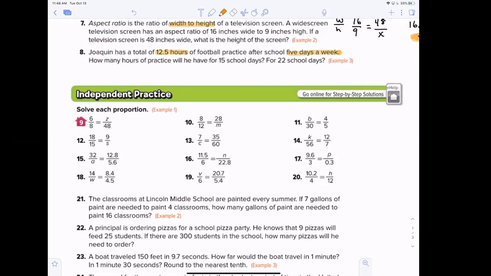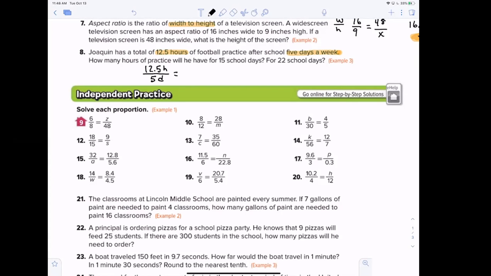The hours to the days. Yeah, hours to days, right? So we're going to put down right now 12.5. Now I'm putting H just so I don't get confused, over what? Over 5. Yes. And 5 is days.